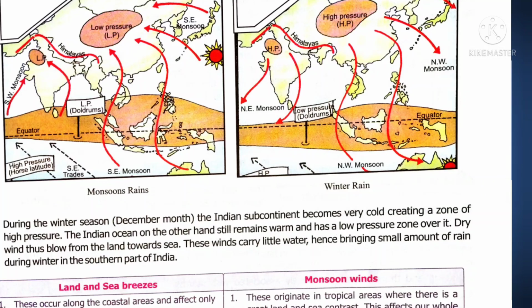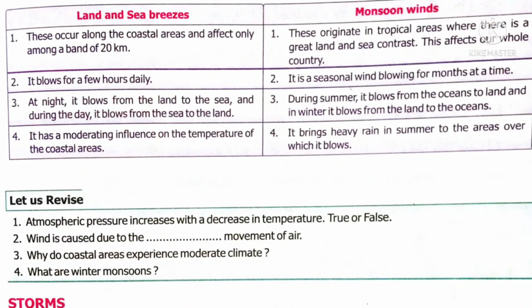Now let's see the difference between breezes and monsoon wind. Land and sea breezes occur in a limited area, that means around the coastal areas, whereas monsoon wind affects the whole country. Breezes blow for a few hours daily, and monsoon wind is a seasonal wind which blows for months at a time. Breezes occur during day and night, that is, wind flows from sea to land or land to sea.